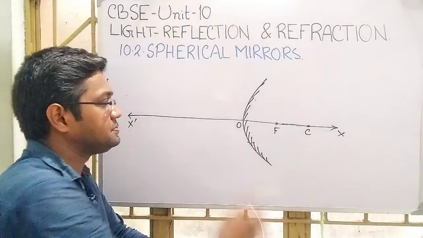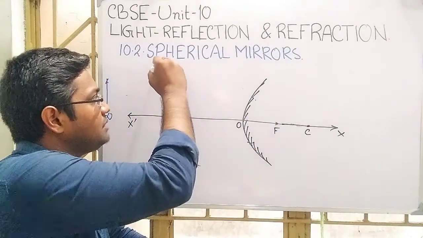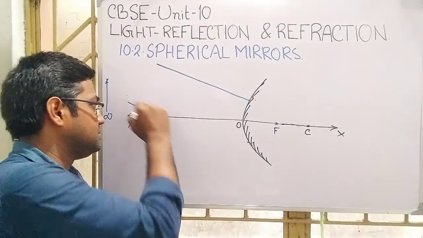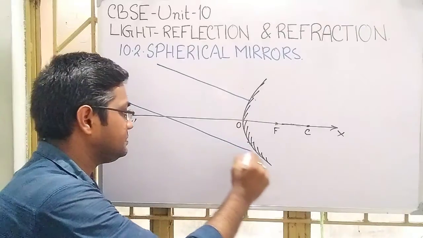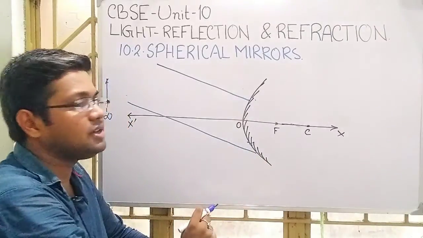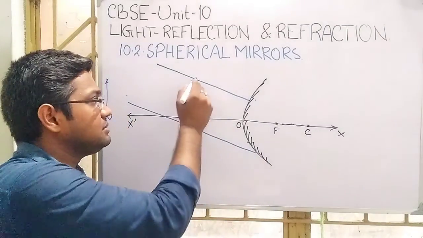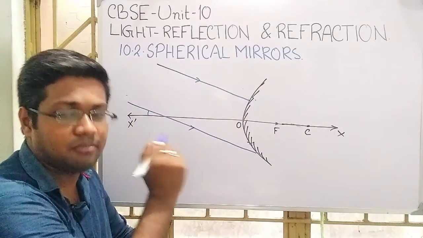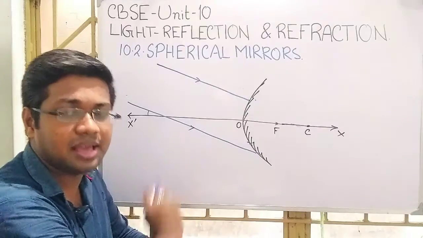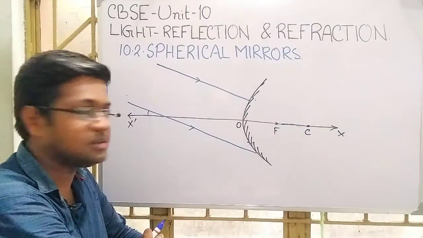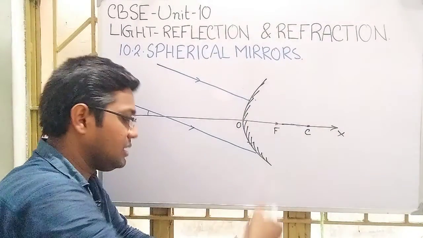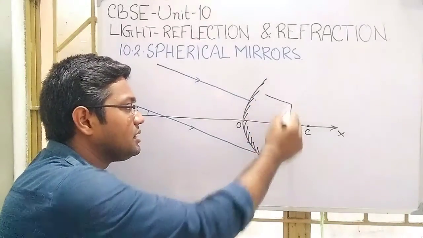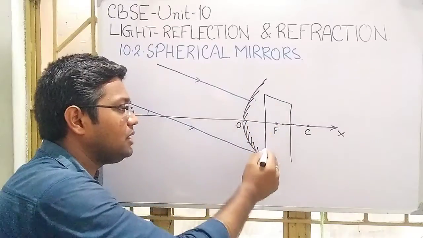If the light rays fall on the mirror obliquely, that is, making a very small angle with the principal axis, then the light rays will appear to meet at some point on the focal plane.